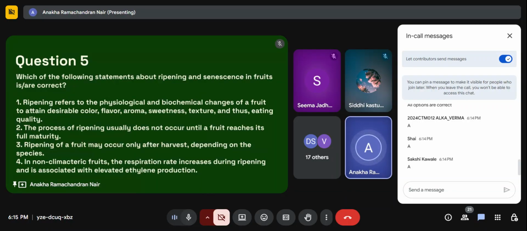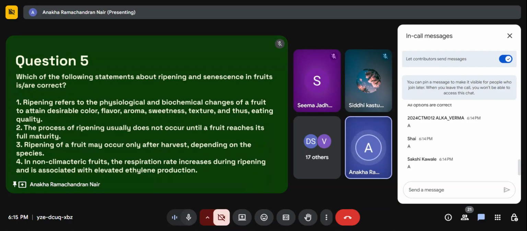Question number five is again, which of these is correct? Which of the following statements about ripening and senescence in fruits are correct? There are four options again. Option one: ripening refers to the physiological and biochemical changes of a fruit to attain desirable color, flavor, aroma, sweetness, texture, and thus eating quality. Option two is the process of ripening usually does not occur until a fruit reaches its full maturity.